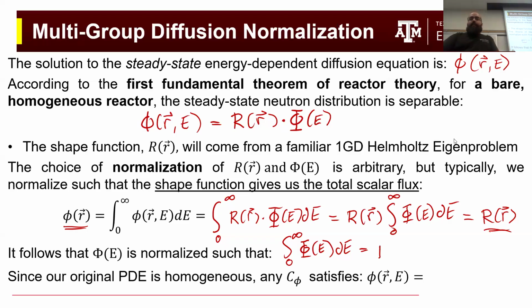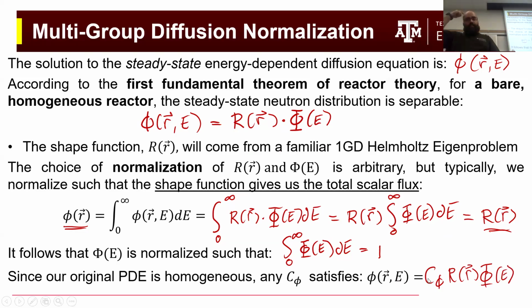Technically, there would be a flux magnitude up front here. But because our original equation is homogeneous, you could put any constant up front that would end up satisfying the equation. In general, the full form of this equation would have a C of phi times that shape function times that energy distribution function.